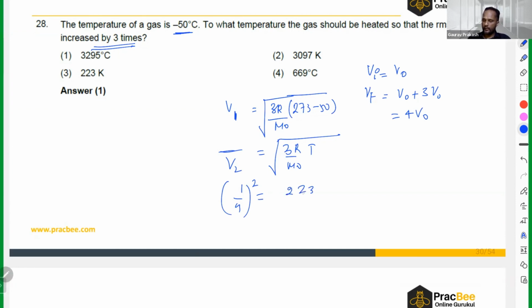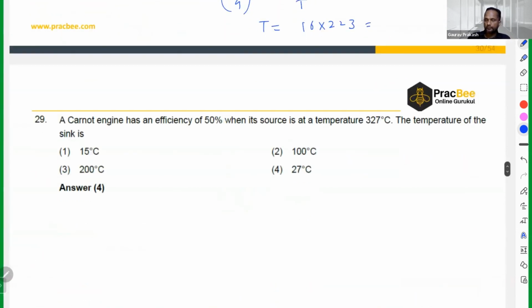So 223 upon T. So basically T is 16 into 223. So this is definitely like 3200 plus 160, 320, 3568. So basically you will subtract it to get the answer 3295.